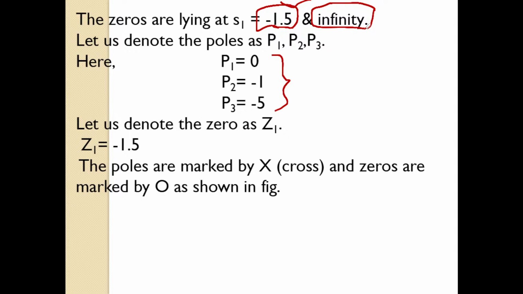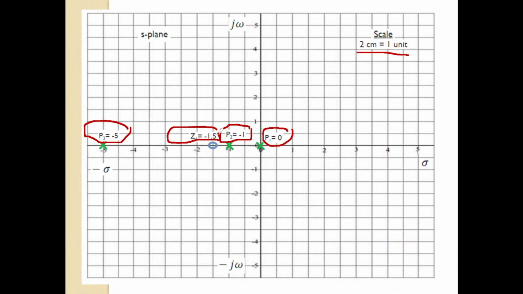One of my poles was at the origin, P1 equal to 0, another pole was at minus 1, P2 equal to minus 1, and another pole was at minus 5, so P3 equal to minus 5. Now I have only one zero, that is Z1 at minus 1.5. So this is pole 1, pole 2, pole 3 and 1 zero at minus 1.5.